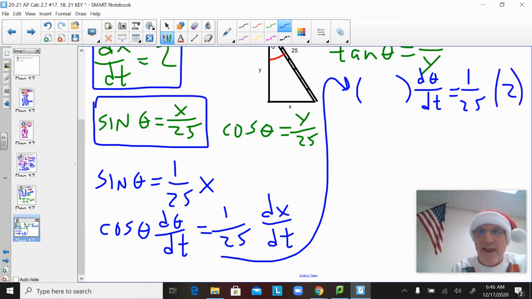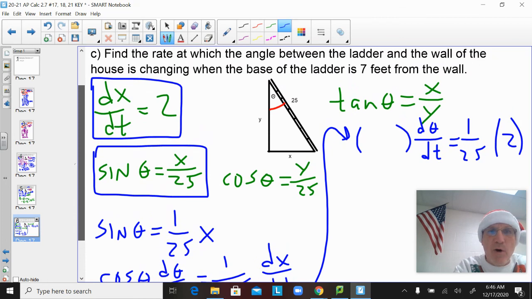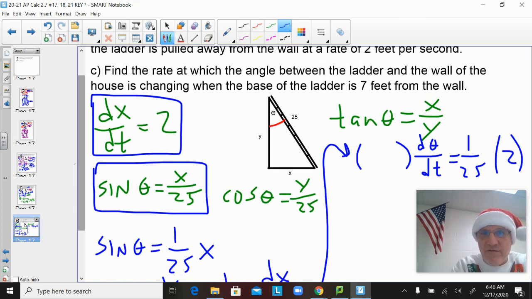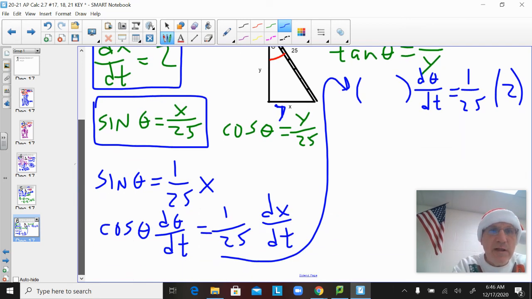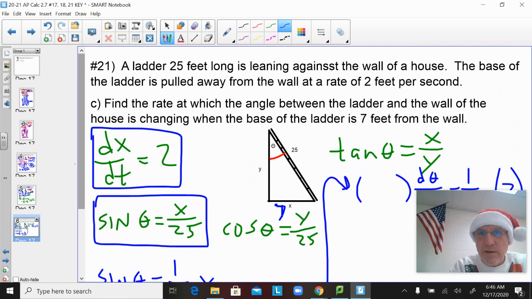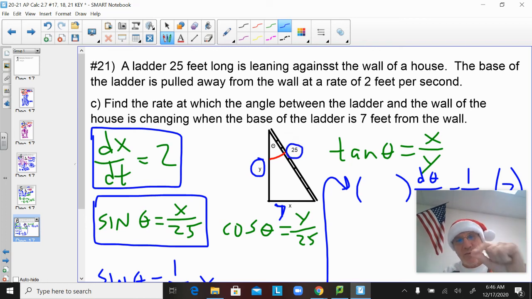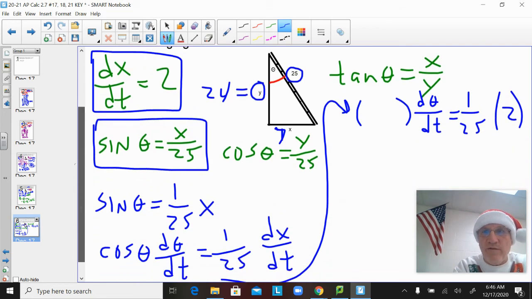As far as d theta dt, at the moment when x is 7, so again, if I put a 7 here, I need the cosine of theta, which would be adjacent over hypotenuse, which is this over that. Well, what is y? We did it earlier. When x was 7, y was 24. So at the moment when x is 7, that's 24, which makes the cosine 24 over 25.